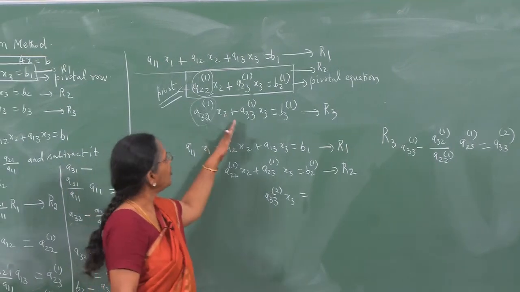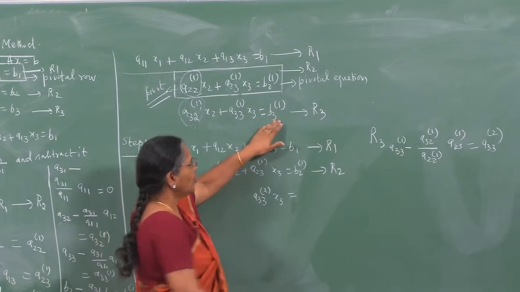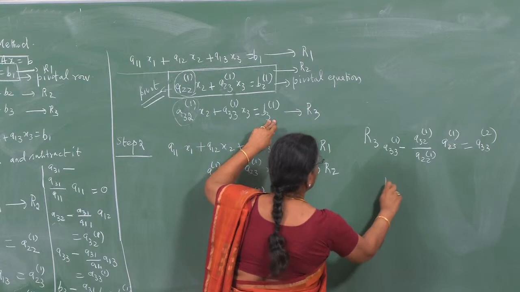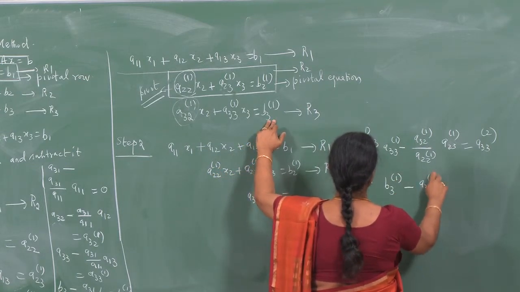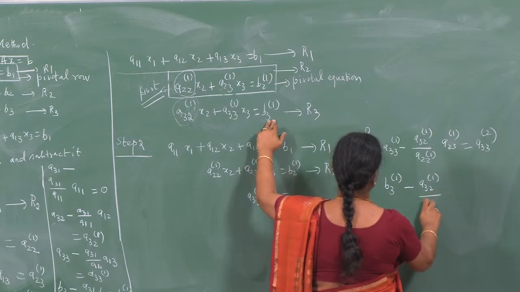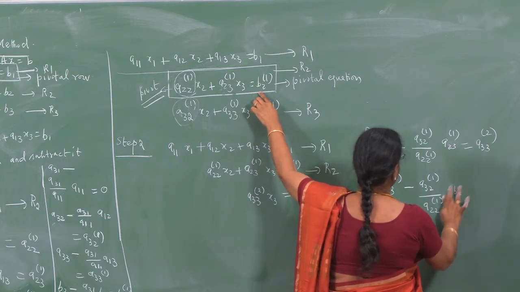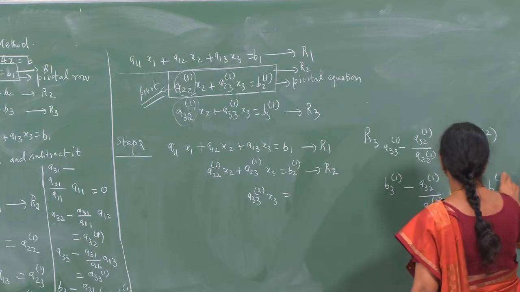So, I have to do the same operations on the right hand side. So, what will I get? B31 minus, I am multiplying the second row by A321 by A221, and so this multiplied by B21, and that is the new B32.